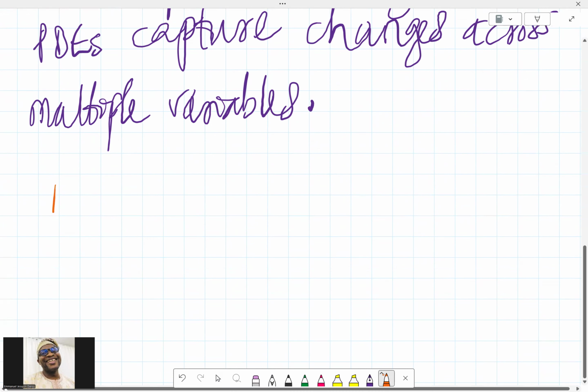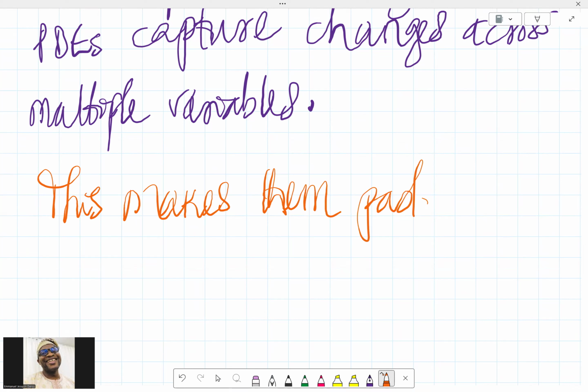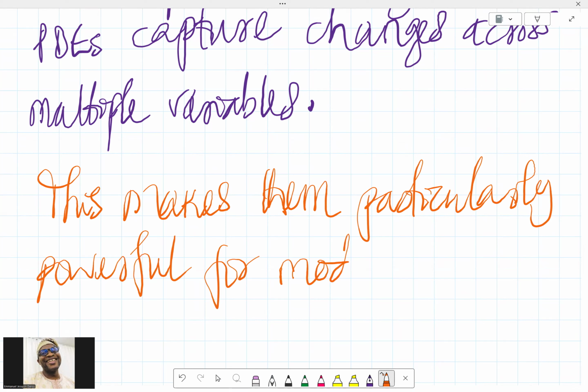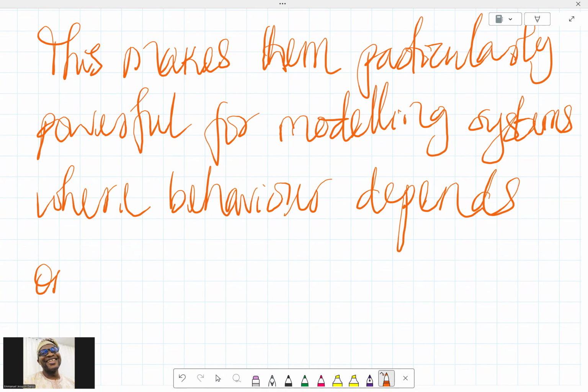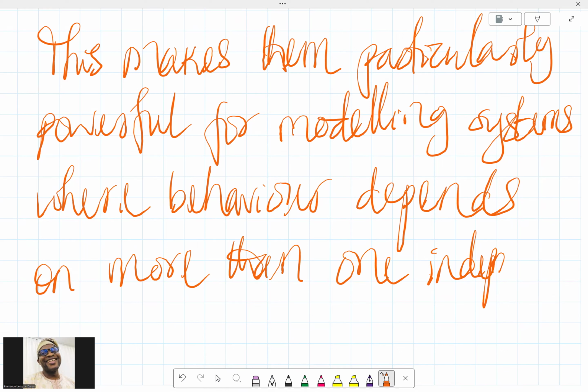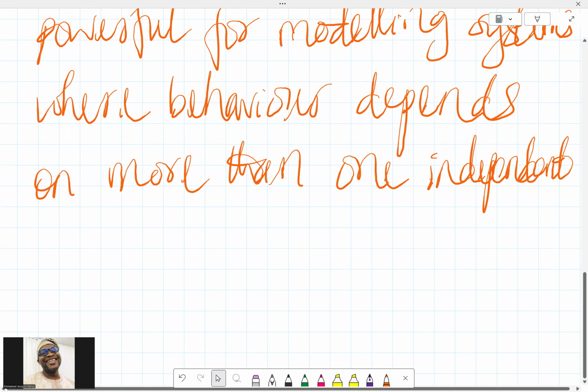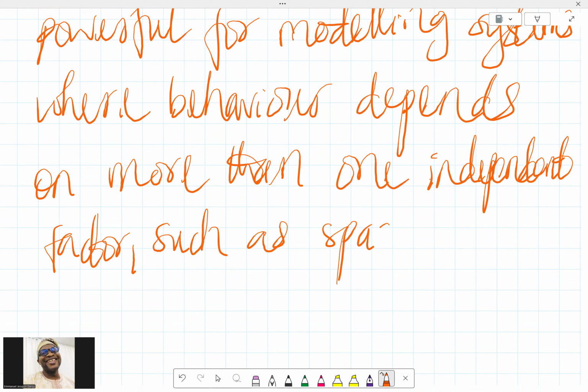Okay, this makes PDEs particularly powerful for modeling systems where behavior depends on more than one independent factor, such as space and time.